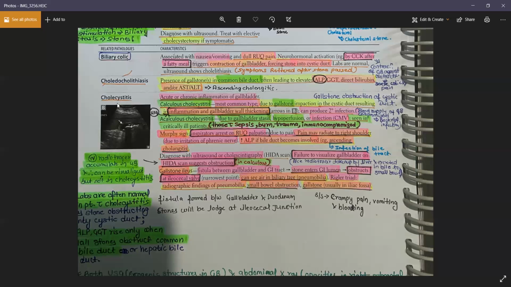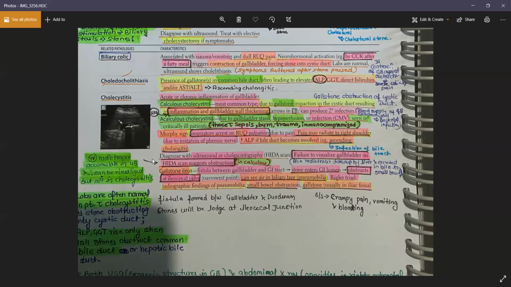Okay, and if after the cholecystitis, if the common bile duct is also involved, that means the patient is having ascending cholangitis. In that case, the patient can have a high level of alkaline phosphatase and the GGT. But in case of cholecystitis, the patient is having a normal level of alkaline phosphatase and the GGT. Okay, no enzymatic levels are rising. Is that okay? Yes. So that's about the cholecystitis.